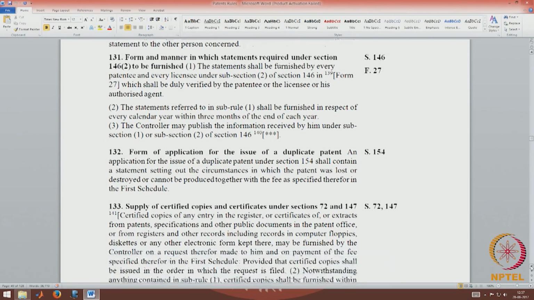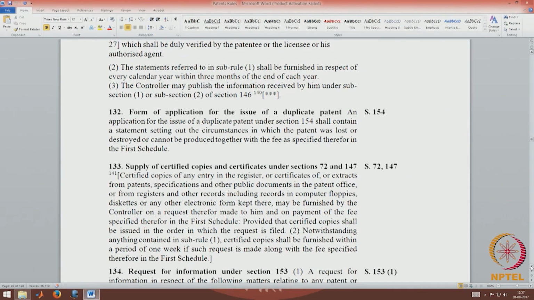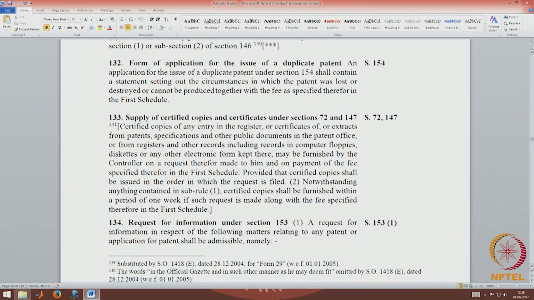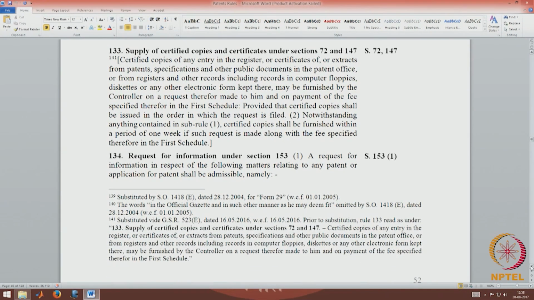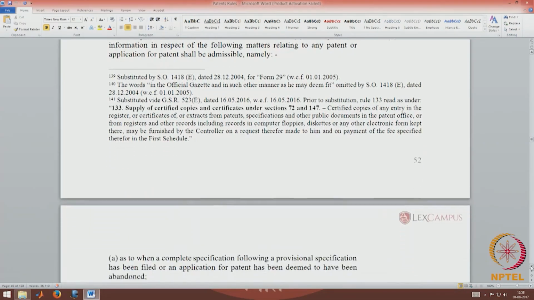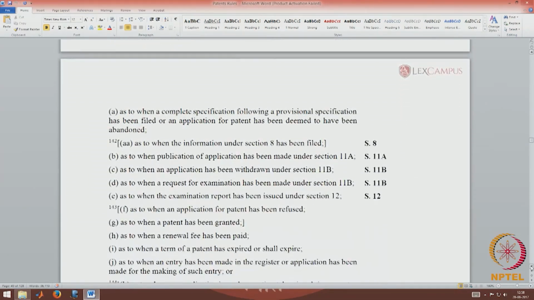Now, 132 deals with the form to be used while getting a duplicate patent if your patent is destroyed. So, these are all supplemental provisions which pertain to certain aspects of patent prosecution. Supply of certified copies, request for information. We saw that under section 153, you could make a request for certain information. Now, how that is to be made and the details are given here.